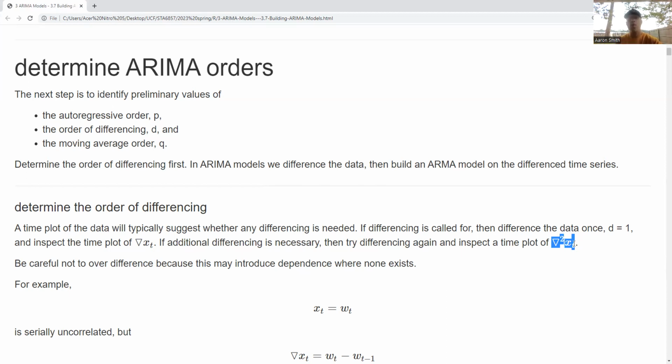And I'll keep on doing this as many times as I need to, until either I conclude that this is the wrong model structure, or I get something that I feel confident in modeling. Now, be careful not to over difference your data, because we can actually introduce dependence when there isn't one. So consider the situation where I just have white noise for my time series.